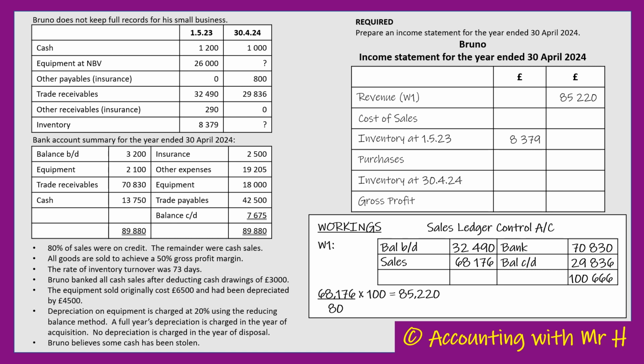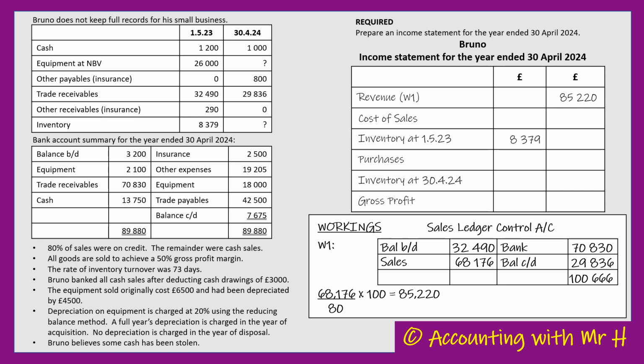So it's a case of looking through the information. Purchases, maybe I could do a purchases ledger control account. But to do that, I would need information about the trade payables, and it doesn't tell me any information about the trade payables. It doesn't say there are any cash purchases. So purchases I can't work out at the moment. Closing inventory. What do I know about closing inventory?